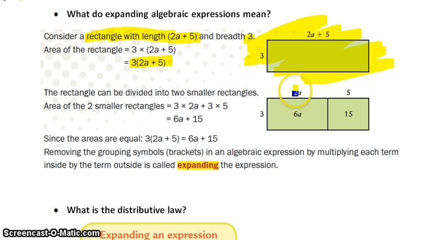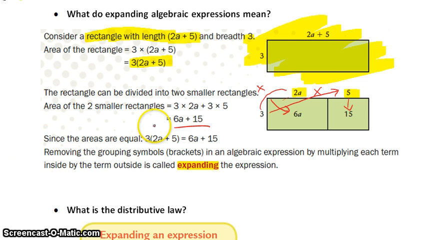I can have 2a and the 5 separately, and I can then multiply across those. So if I do 3 times 2a, that gets me to 6a, and if I do 3 times 5, that gets me to 15. Okay, and so what I end up with is 3 times 2a plus 3 times 5, which gives me 6a plus 15.